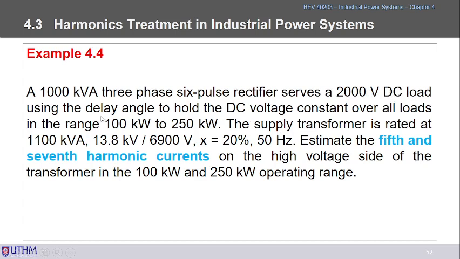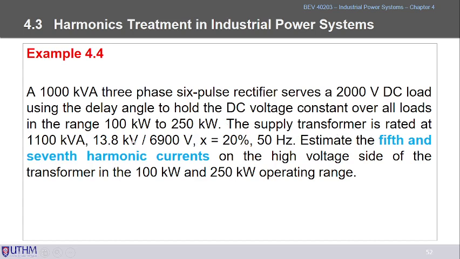And this voltage is consistent over all loads in the range of 100 kilowatts to 250 kilowatts. That means it uses the delay angle to adjust so that the DC voltage is always consistent. Okay, so this is our DC load, and we have the supply transformer as well.